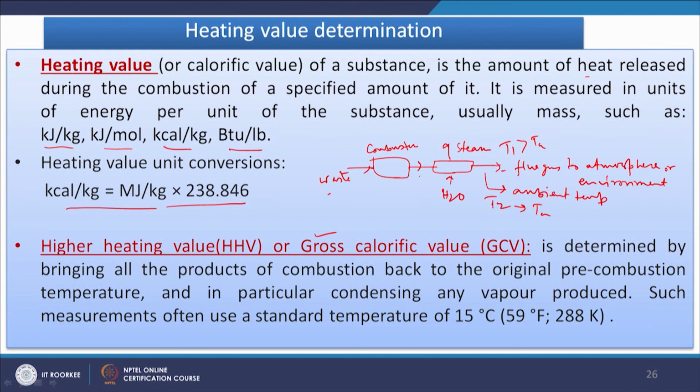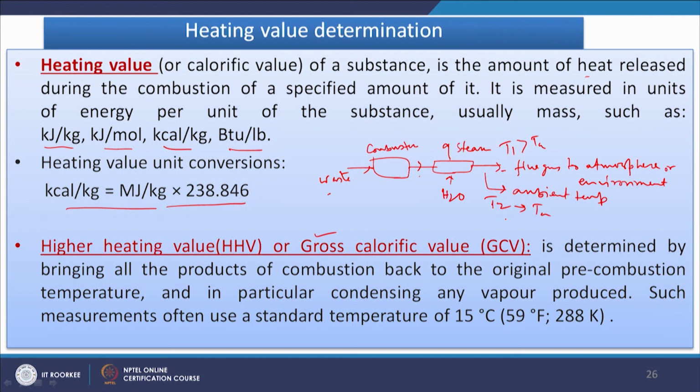In the case when we are able to extract all the energy available in the flue gas which was generated during the combustion of the materials, then the heating value per unit of this waste material will be higher than this value.